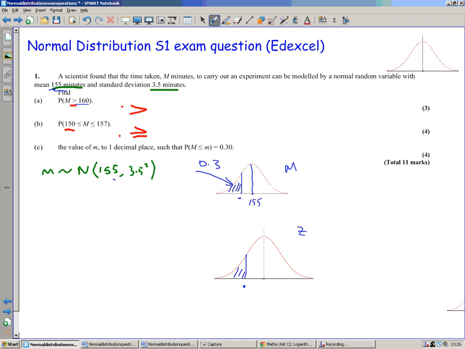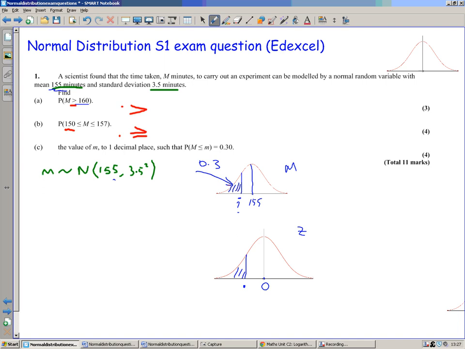The value in the middle for the z, I've already mentioned it, is 0. So this is the number we're looking for here, and this number here we know is going to be negative.